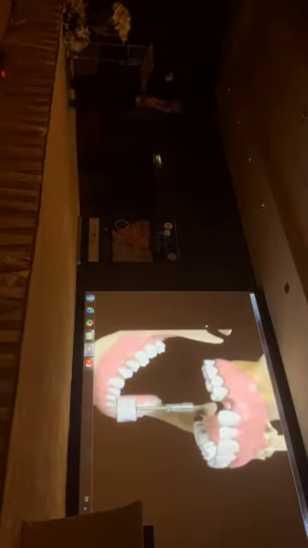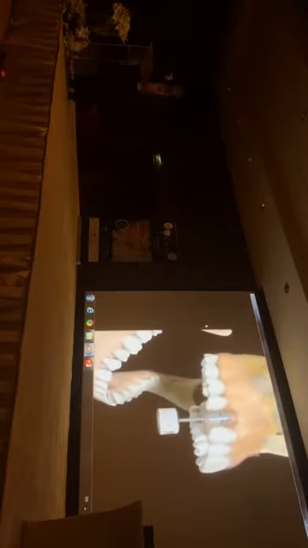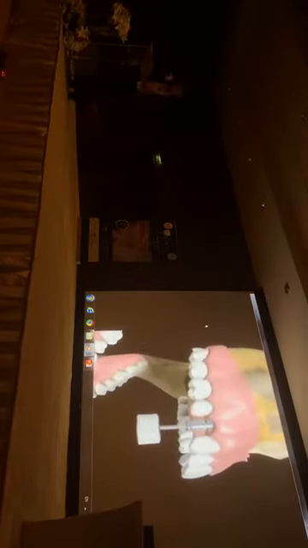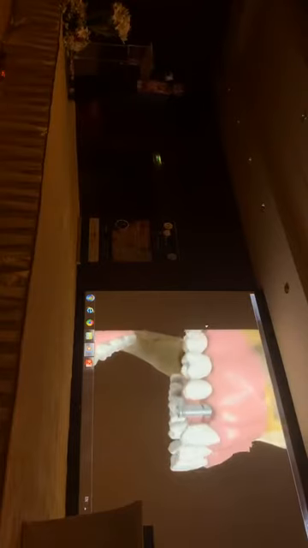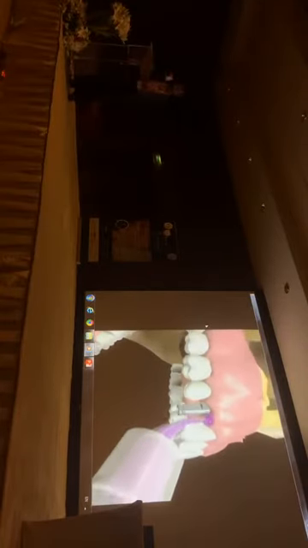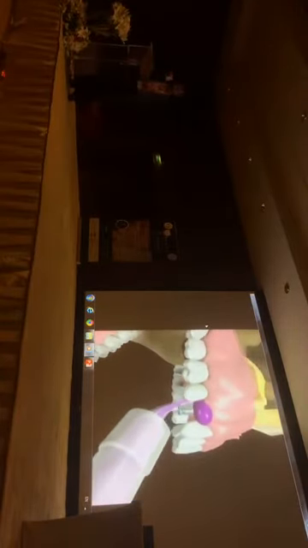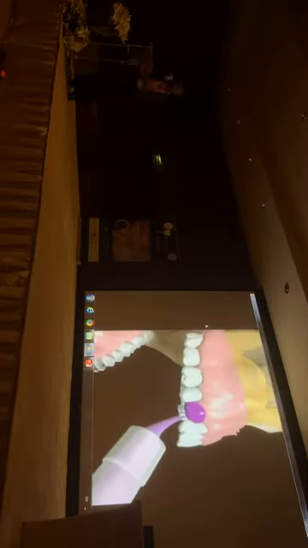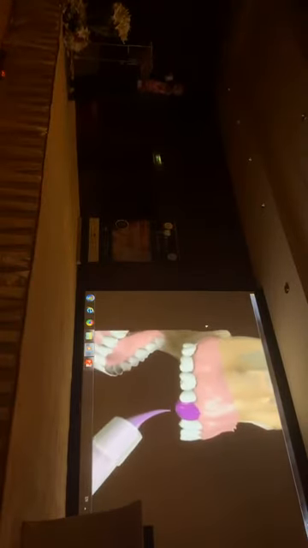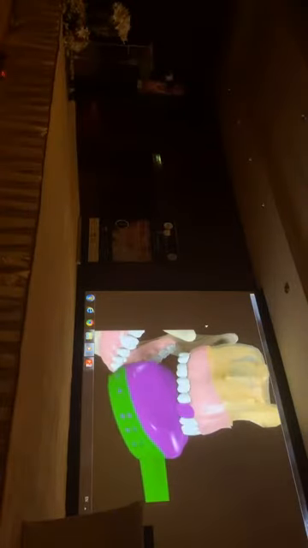So this is the open tray technique here. Again, we put the impression coping first, screw it. Light body material around the impression coping. So this is the first part of the impression video.